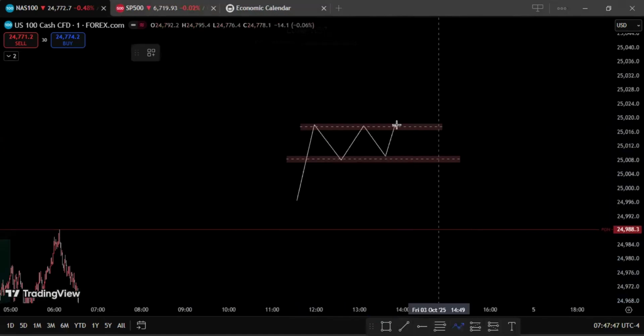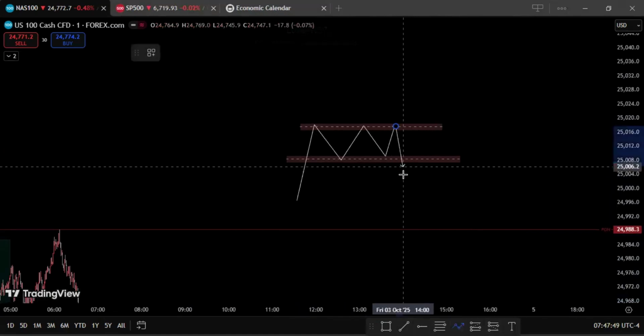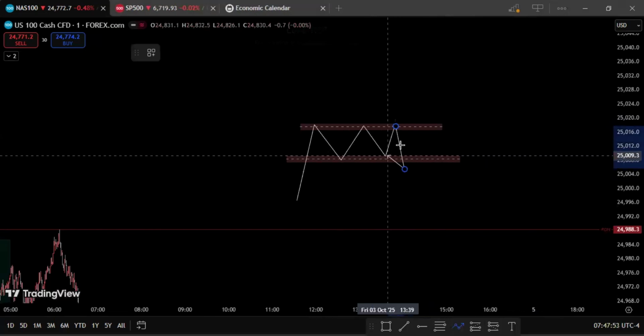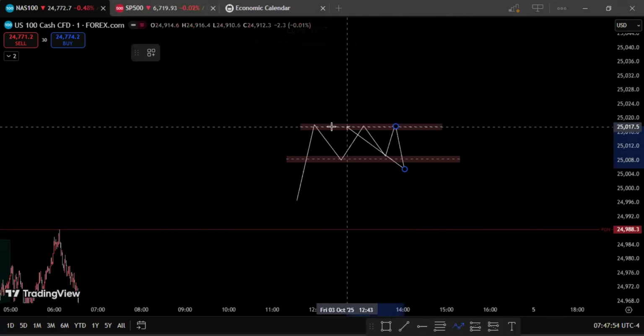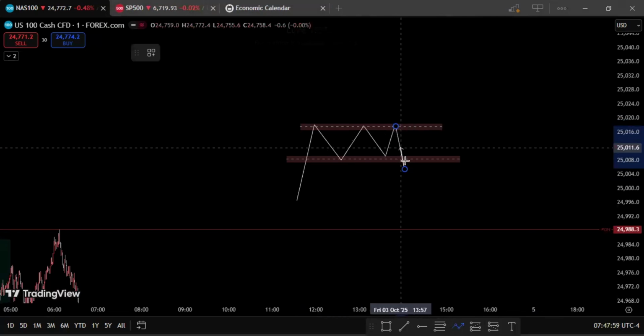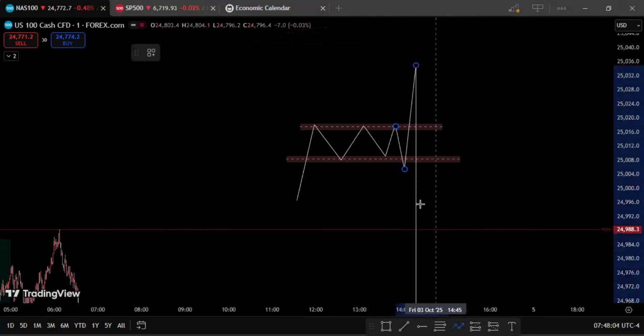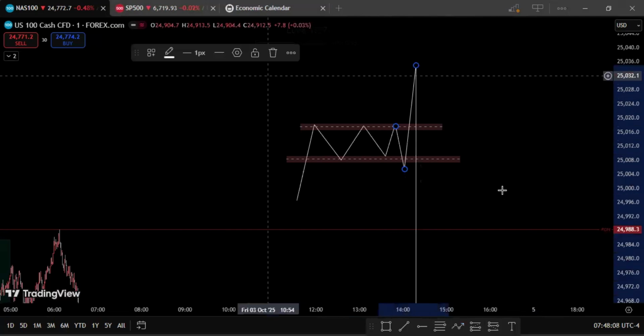They will have to take out the stop losses of the people who are selling here first, and that's also inducing the sellers here with this move lower, thinking they are in profits, and then it just goes back and takes them out. Let me turn this on.